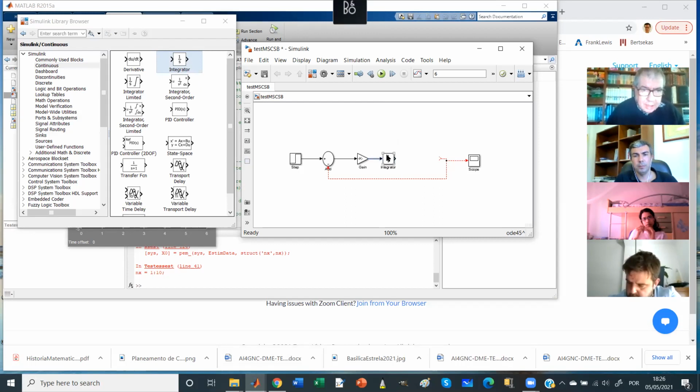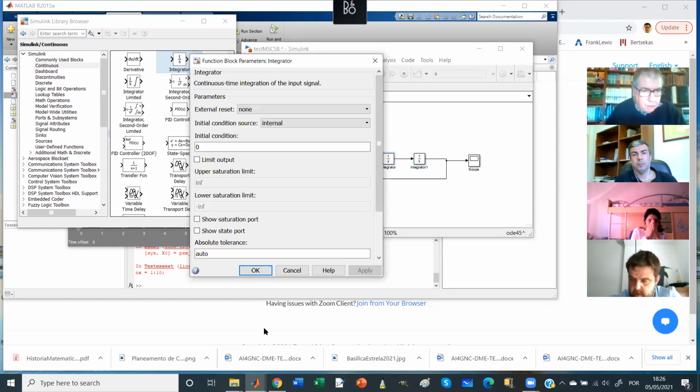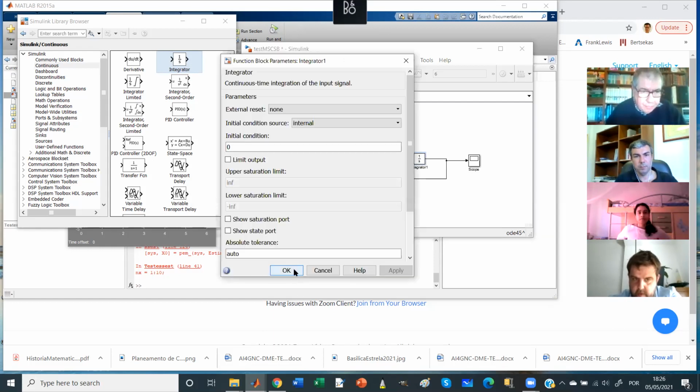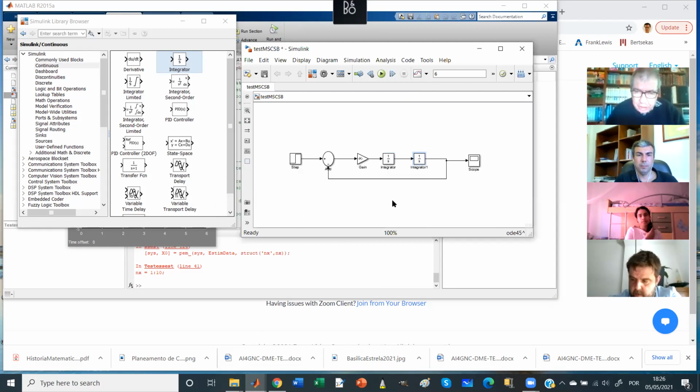Then I need another integrator, I replicate. In the end, I have the position, here I have the velocity, here I have the applied force, and this is the gain. And this is the feedback. Let's look at the initial conditions for the integrators: 0 and 0. So 0 initial position, 0 initial velocity.